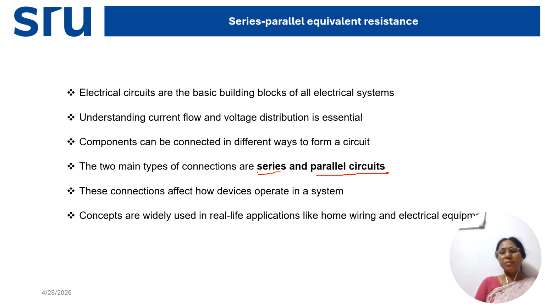How all the elements like bulb, fan and everything are connected, whether they are in series or parallel, and how the current and the voltage are distributed among the series and parallel networks, we will see by taking one example circuit. First see the series combination of circuit.